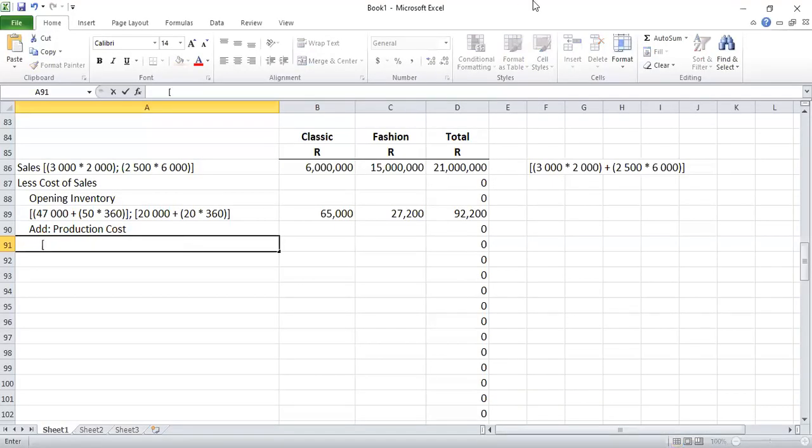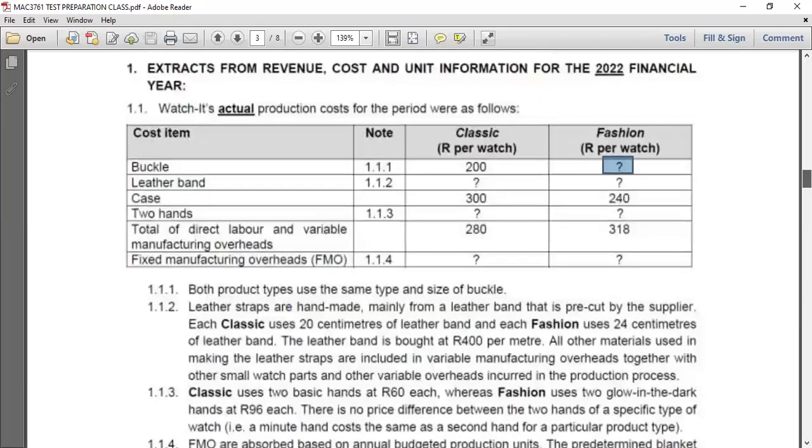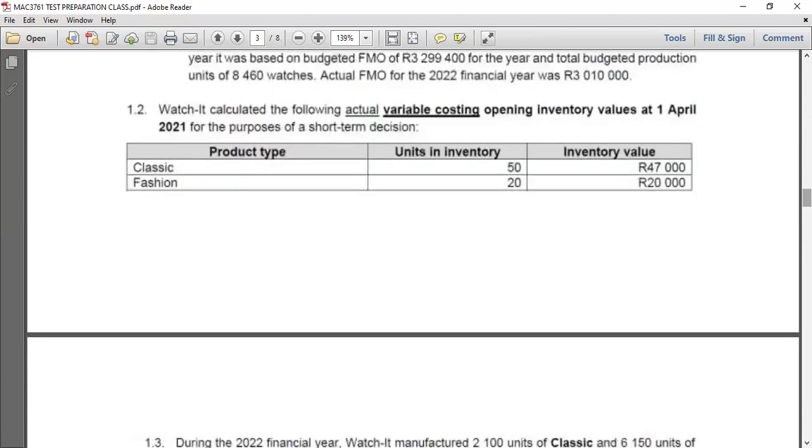Sorry, Eugene. Yes. I just want to come back to the opening inventory. I'm a bit confused because the information given on top says that no opening or closing inventory exists at the beginning or at the end of a period. So why do we include the variable costing opening inventory?